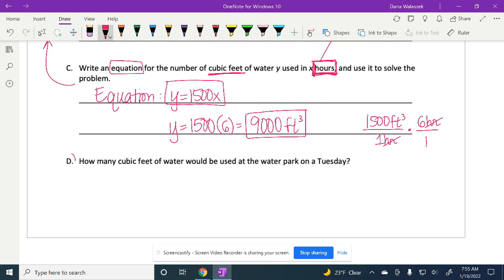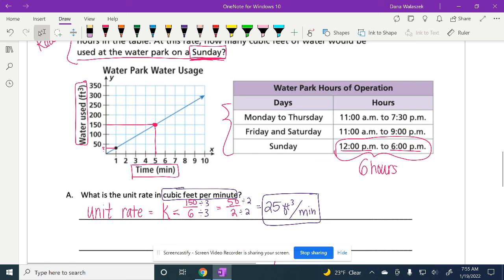Last one, letter D. How many cubic feet of water would be used at the water park on a Tuesday? So I want you to pause here and do it. So we can still use our equation. And on a Tuesday, let's see how many hours the park is open on a Tuesday.